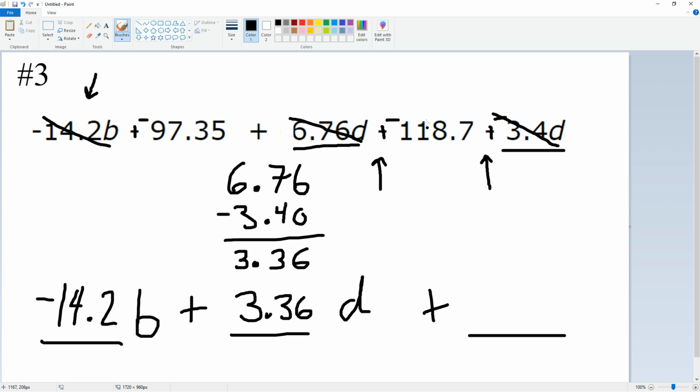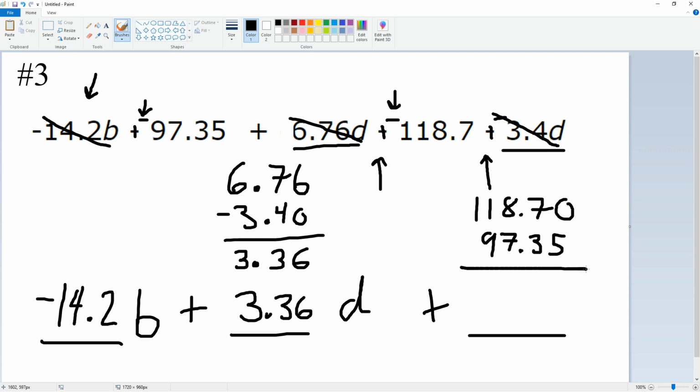Okay, and now we can see we have two constant terms. Oh, and lucky us, one is negative and the other is negative. So all we have to do now is add these two pieces together and figure out how much total negative. We know we're going to have a negative, right? Because they're both negative.